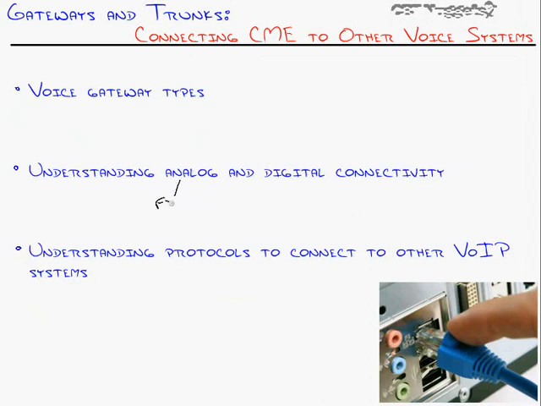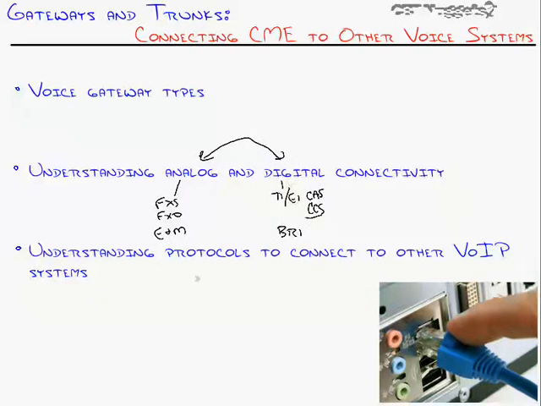You've got your FXS, FXO, and rarely E&M interfaces that you can use to connect to other legacy voice equipment. And anytime you think analog or digital, think legacy, pre-voice over IP. Digital, we've got our T1/E1 CAS or CCS, common channel signaling, or PRI, that's the most common standard. And then we have the ISDN BRI connection with 2 calls per port. All those are considered digital connectivity.